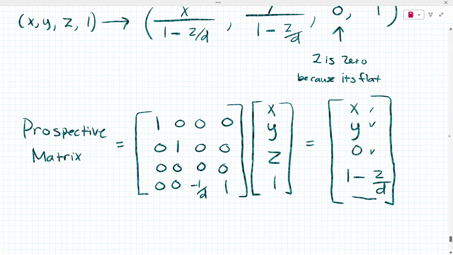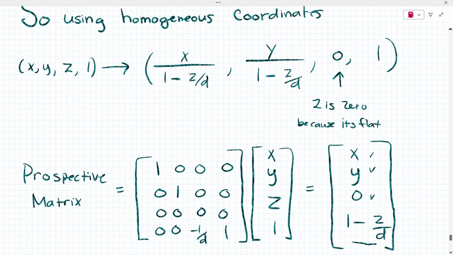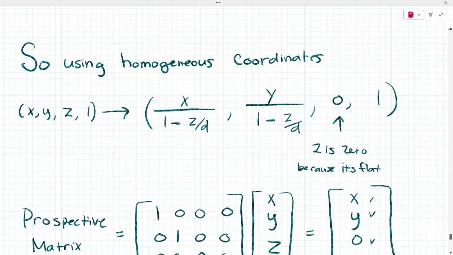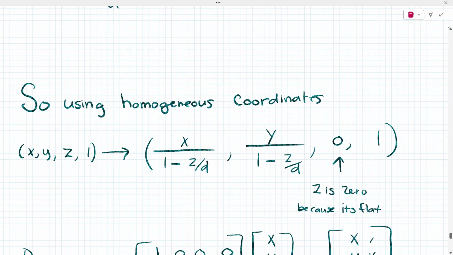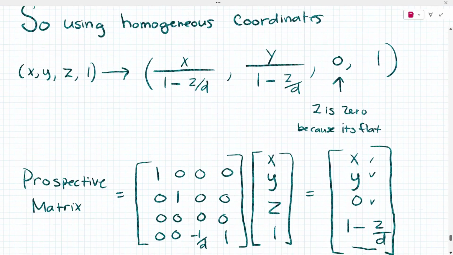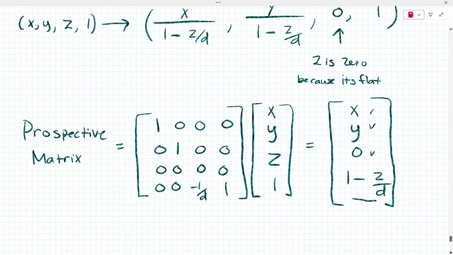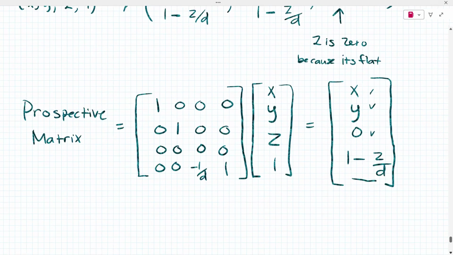Here, let me go up. So write all this down. Okay, let's move on to our final example.